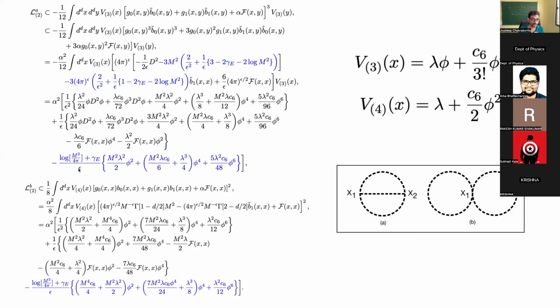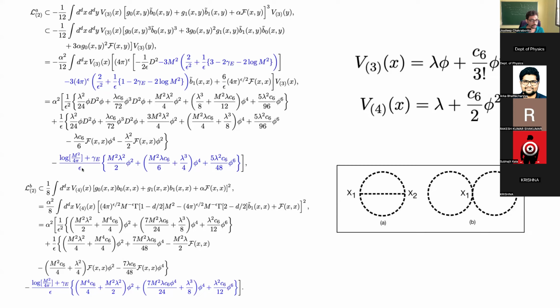Because when you calculate the 1 by epsilon square, in the massless limit, there are some IR divergences, and they appear of the order of 1 by epsilon square. So if you do not regulate your theory for the IR divergence, you would get a wrong UV counter term, because you cannot subtract the IR divergence from that. So to track that, you start with the UV IR regulator, and this M is behaving like an IR regulator here.